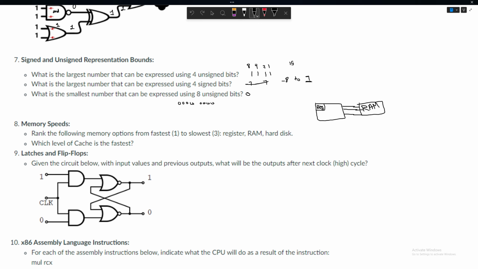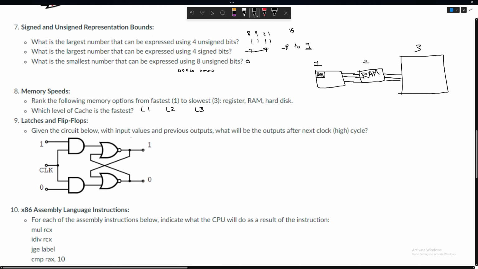Your register is faster, but it's smaller. Your RAM is bigger, but it's slower. And then this will connect to your hard drive, which is the biggest and the slowest. So this is 1, this is 2, this is 3. Which level of the cache is the fastest? So you get L1, which is the fastest, L2 second fastest, and L3 is the third fastest.